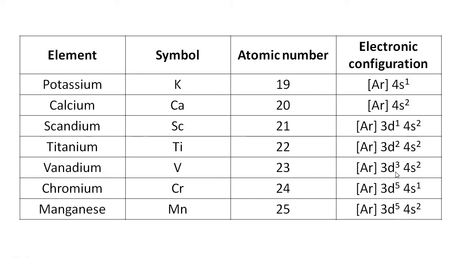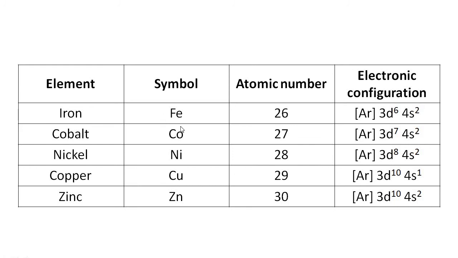Then it becomes half-filled. 3d5 and 4s1 is half-filled, thereby having extra stability. So this is the actual electronic configuration for chromium. Next, for manganese, atomic number is 25. Here the configuration is argon 3d5 4s2.